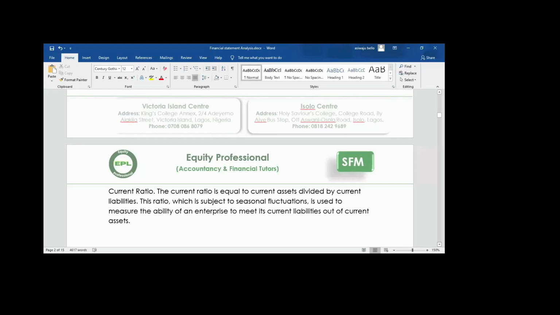It is used to measure the ability of an enterprise to meet its current liabilities out of its current assets.